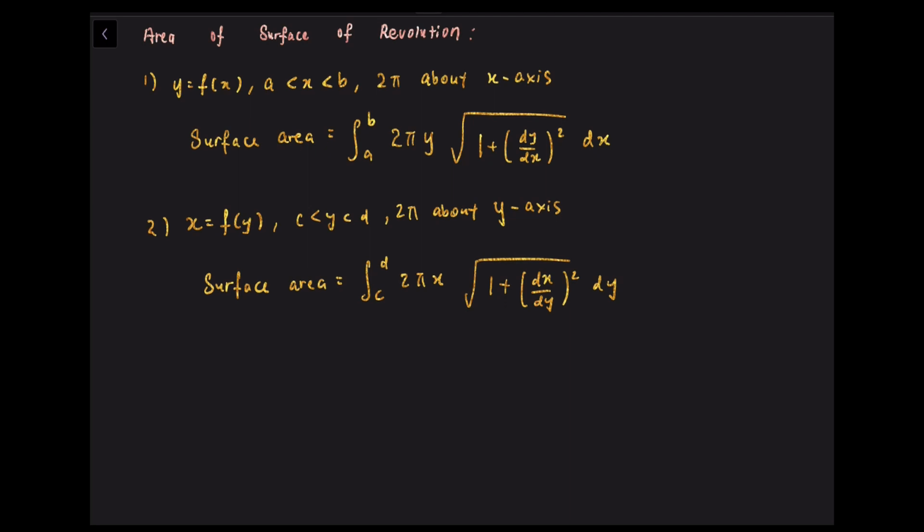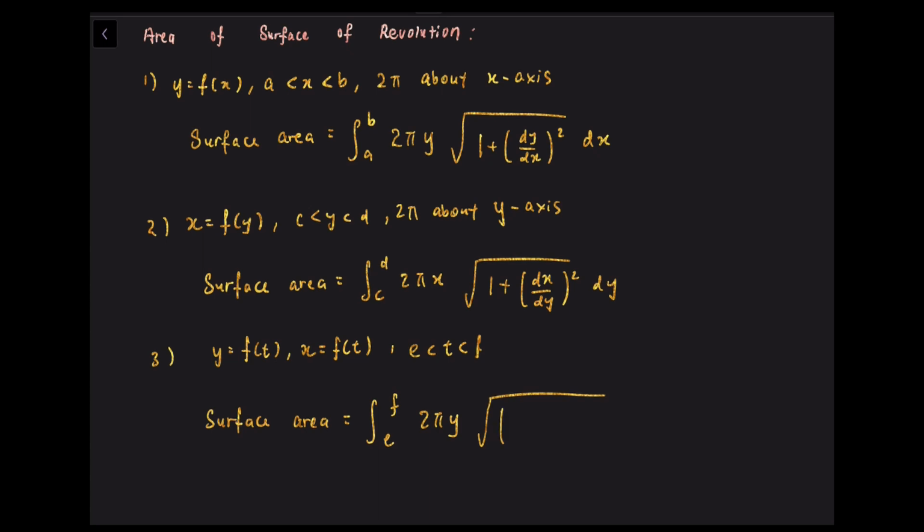And finally, for the function defined parametrically, y equals f(t) and x equals g(t), defined where t is between e and f, the area of the surface generated is given by this formula, where you integrate from c to d 2 pi y square root of (dy/dt) squared plus (dx/dt) squared dt.